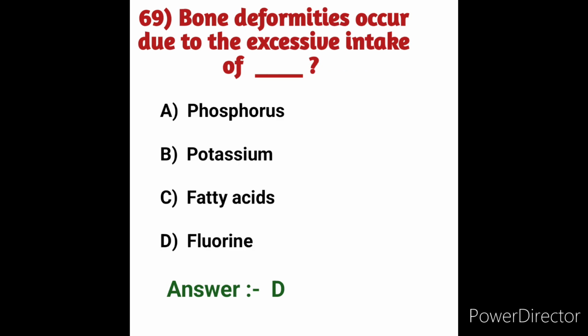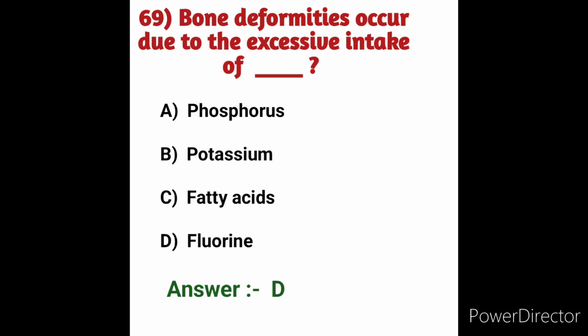Question number 69. Bone deformities occur due to the excessive intake of what? Option A phosphorus, option B potassium, option C fatty acids and option D fluorine. Bone deformities are one of the disorders of the skeletal system.